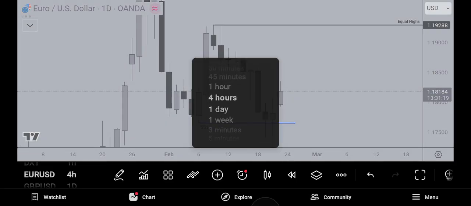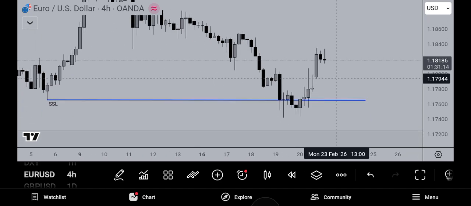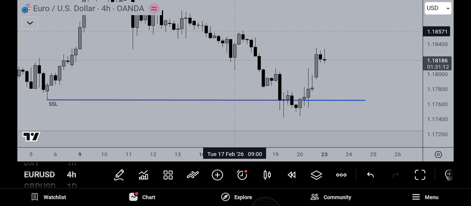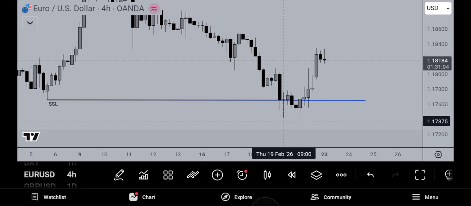So on the 4 hour price action, like I said before, following market structure, this is a high, a lower high, a higher low, and then a lower low. But then price failed to break below this lower low and then reversed on Friday.